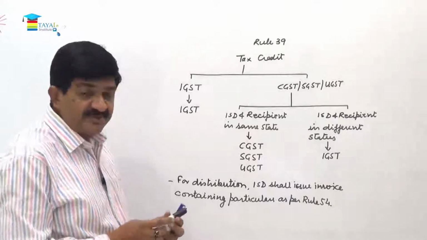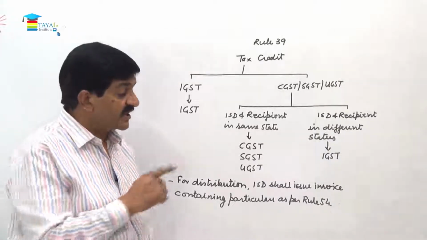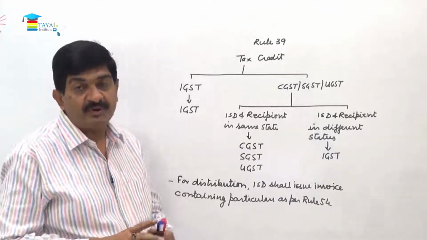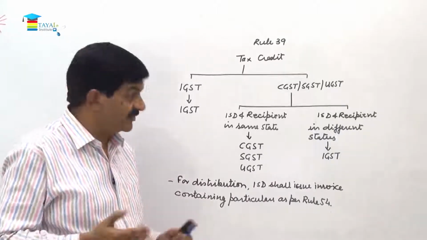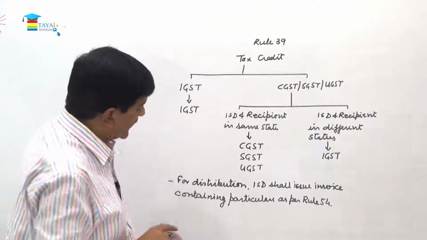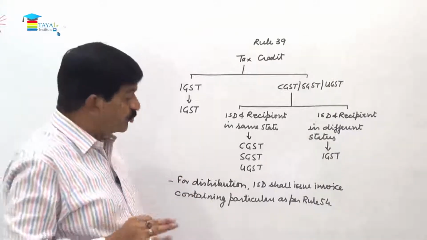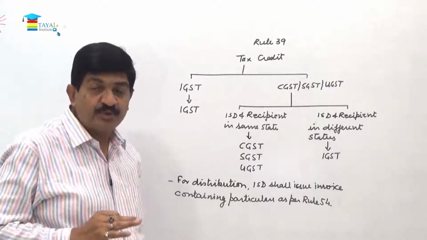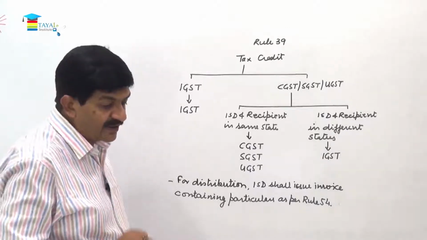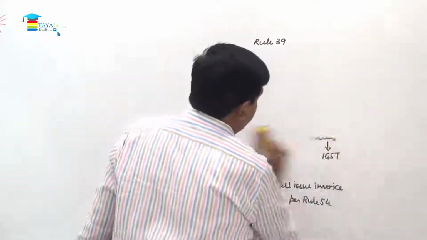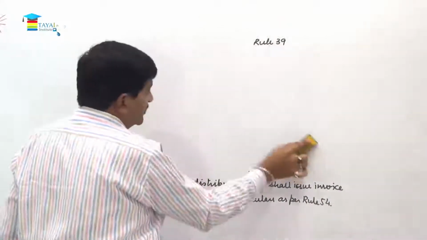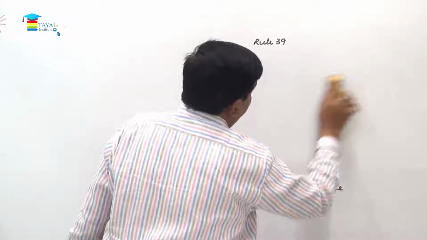So when we come to the specific topic about the invoices, there will give you the complete detail what is required to be contained in the invoice which is issued by the input service distributor, or any other document which is issued by other assessees. So this is saying he should issue an invoice and it should have particulars as given in the rule number 54.